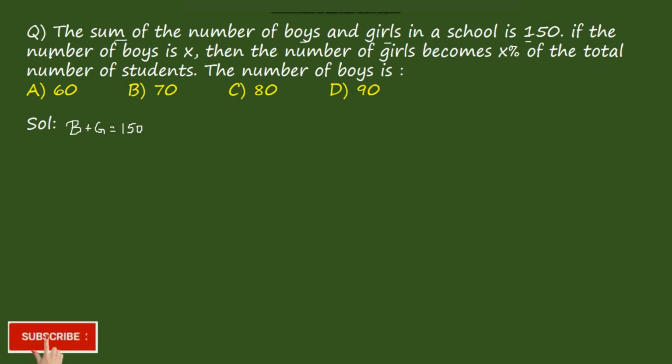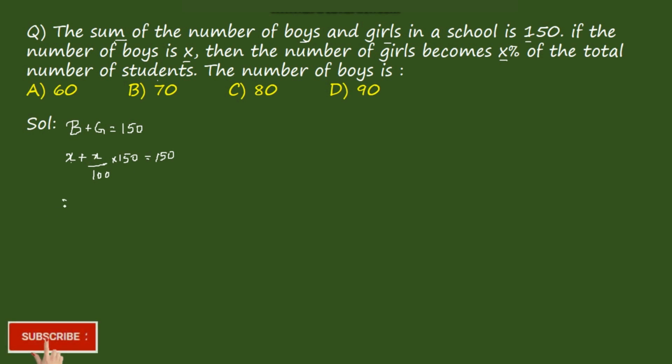Again they are saying if the number of boys is x, consider boys as x, plus number of girls becomes x percentage of total number of students. So x percent of total number of students is nothing but x by 100 into 150, right? Which is equal to nothing but 150. So they are asking the number of boys. So we have to find the value of x now.